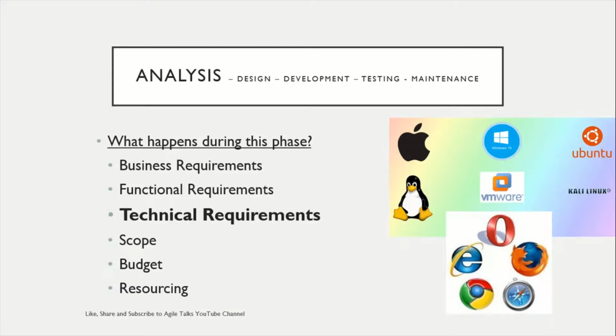And nowadays, we have software that works in the cloud. Let's say Office 365. I should be able to open Office 365 in Chrome. I should be able to open Office 365 in Safari. I should be able to open that in Mozilla or Internet Explorer, right? So it should work in all the environments. And if it is a web-based application, I should be able to open that in any browser I want.